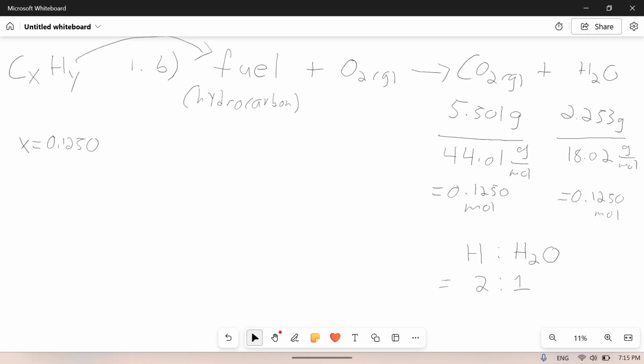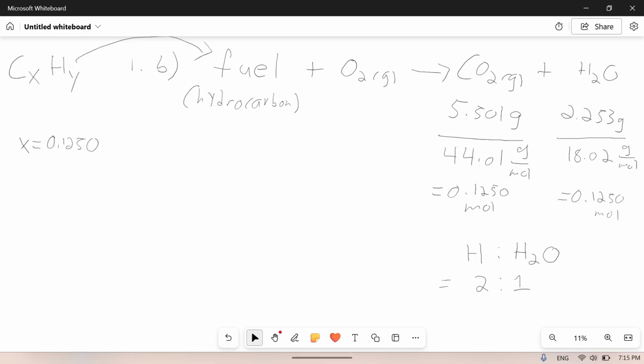If you have 1 mole of H2O, you have 2 moles of H's inside. So there's a ratio of 2 to 1 here. Alright, so if we produce 0.1250 moles of water, that water contains double that, which is 0.250 moles of hydrogen. All of that hydrogen must have come from our starting material fuel.